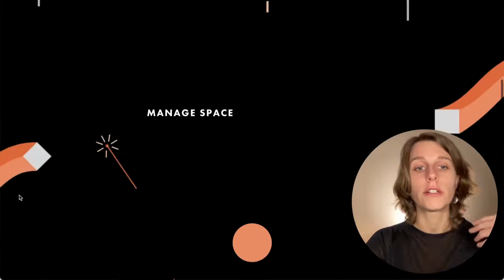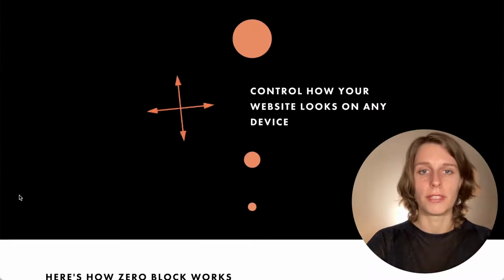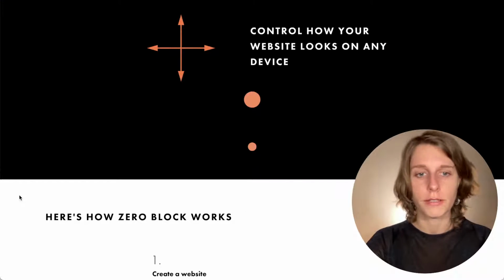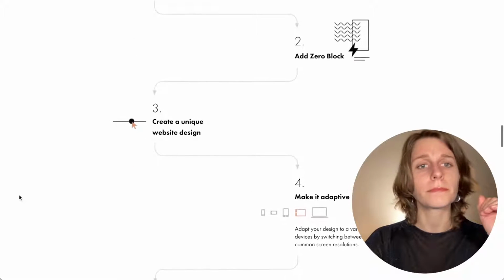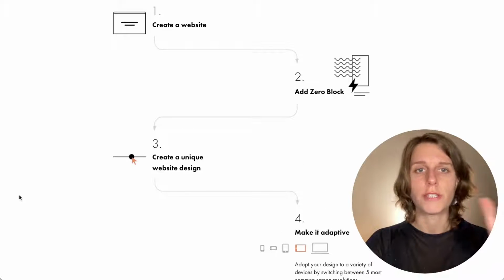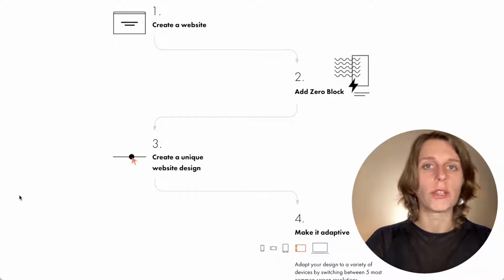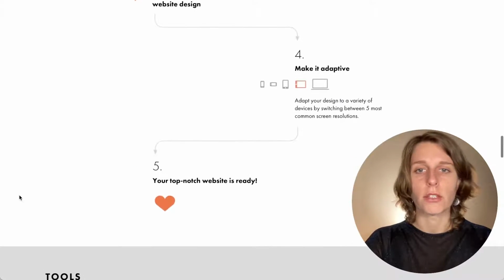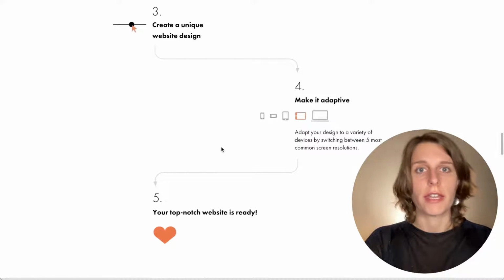That means that all your designs are not limited by any of the pre-designed templates or blocks that we have on Tilda. You build your own design entirely from scratch, adapt it to all the gadgets as you like, and then you just click publish and your website is live.